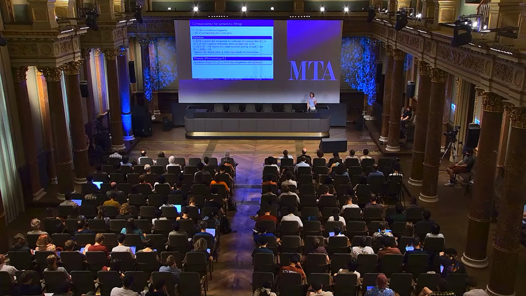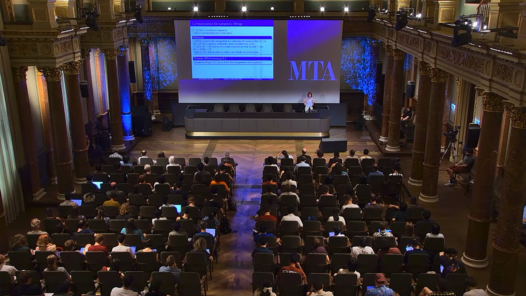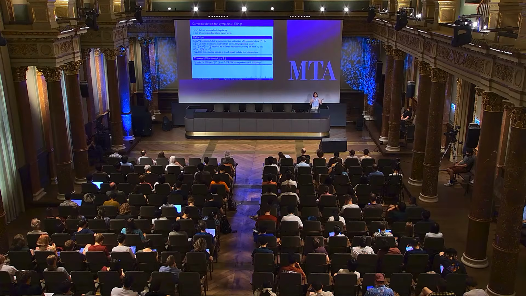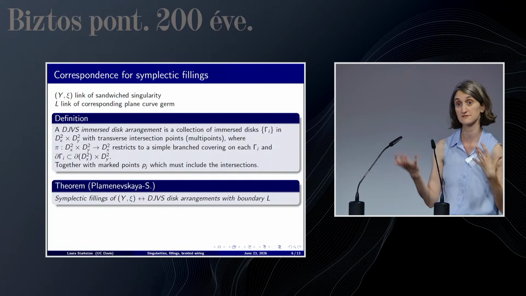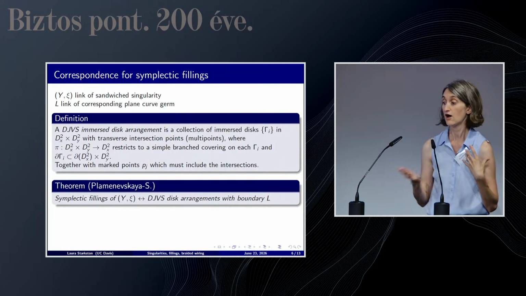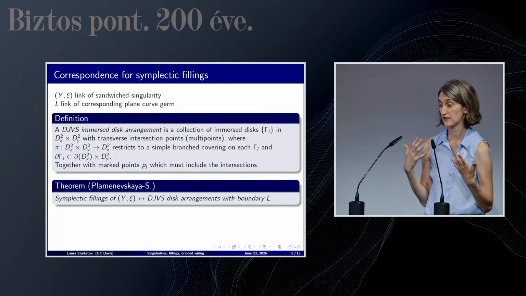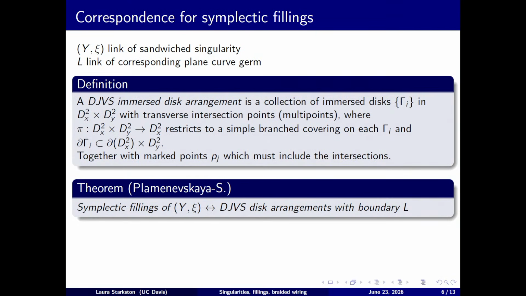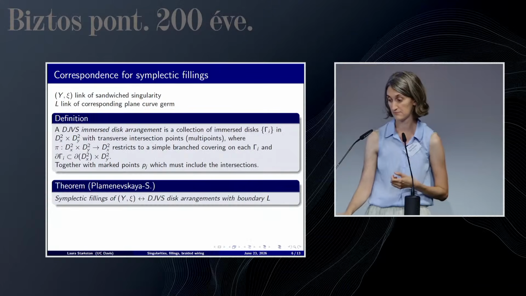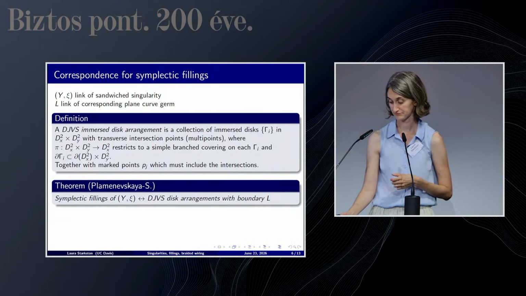And so what we showed is a kind of analog of the de Jong-Van Straten correspondence, which is that symplectic fillings of this contact link are in correspondence with the DJVS immersed disk arrangements, which have this fixed boundary link, which is agreeing with the link of my plane curve germ.